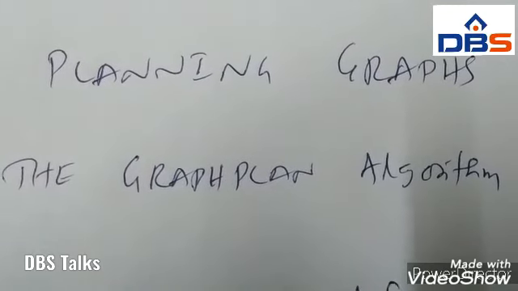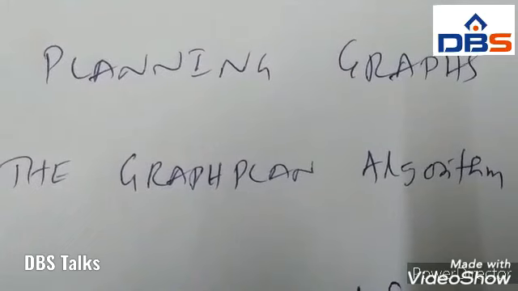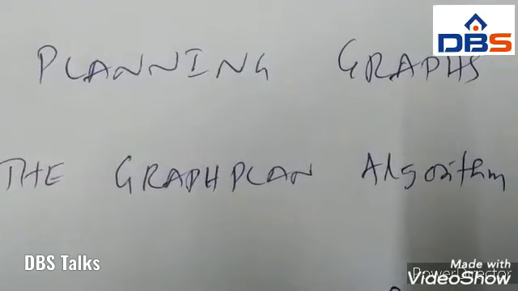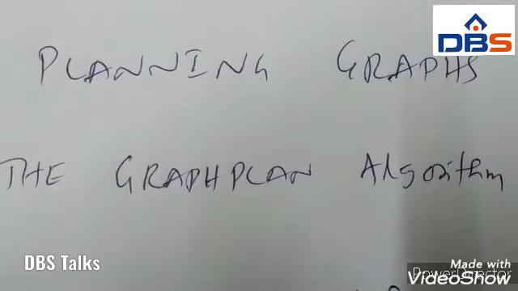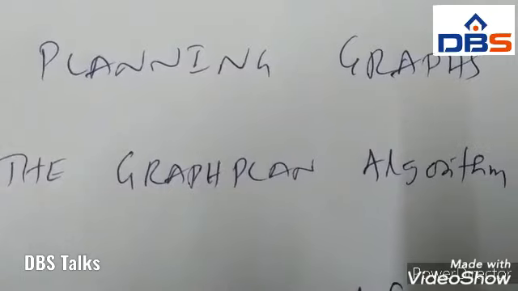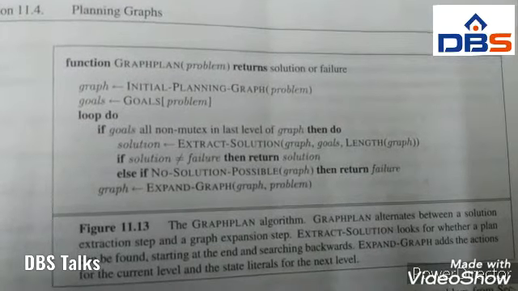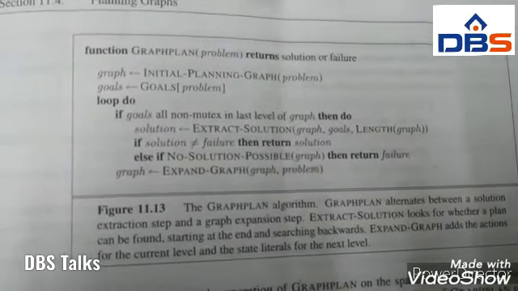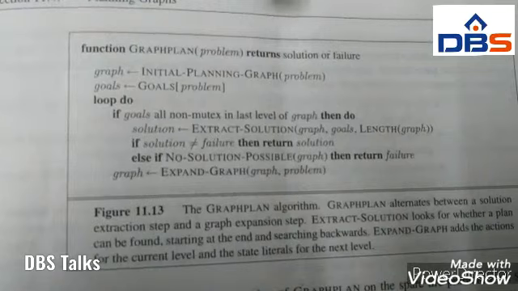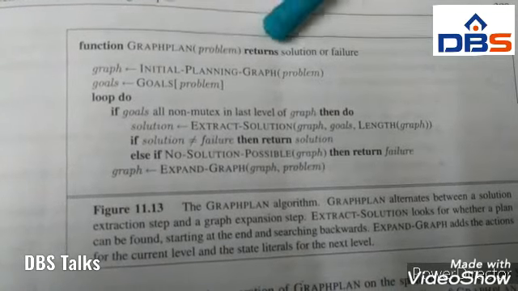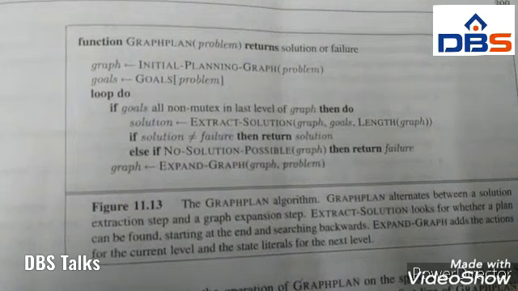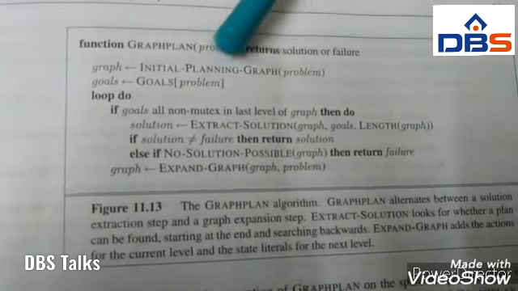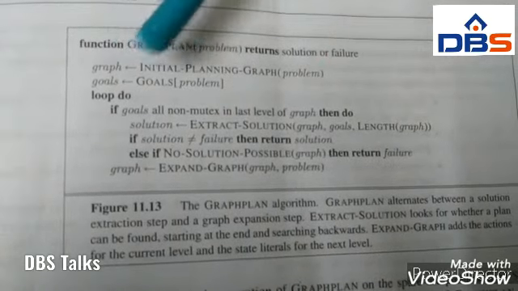For every positive and negative literal C, we add a persistent action with the precondition C and the effect C. At last, the algorithm GraphPlan of problem returns either a solution or a failure. Here the complete graph is specified, the initial planning graph, and then the goal.